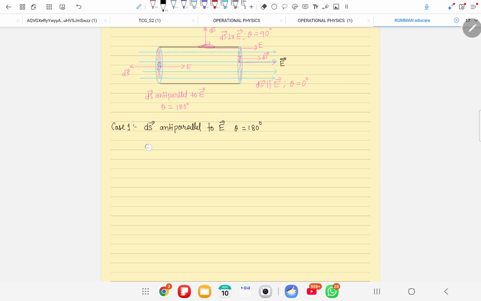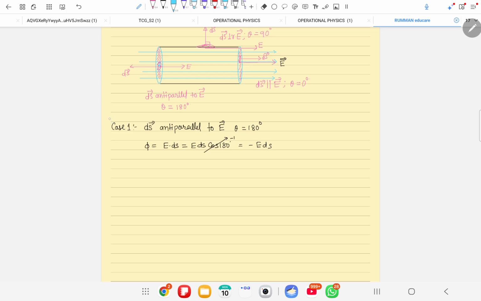We have the formula of flux, phi is equal to E dot ds, so E ds cos 180 degrees, and the value of cos 180 degrees is -1, so the flux is minus E ds in the first case.